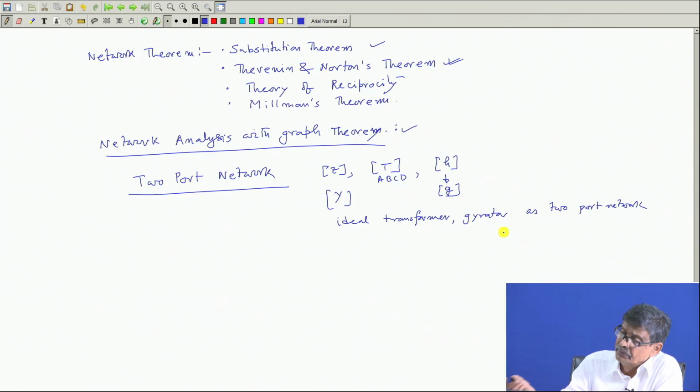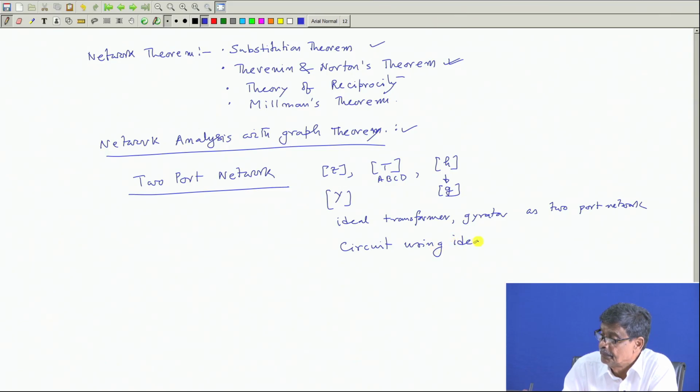And finally, we did some circuits using ideal op-amps with negative feedback, that is important, feedback.